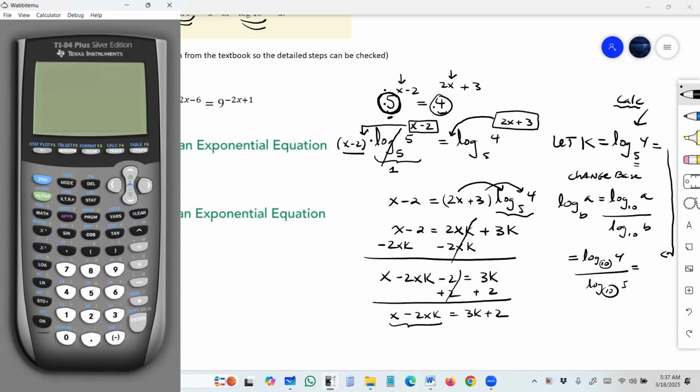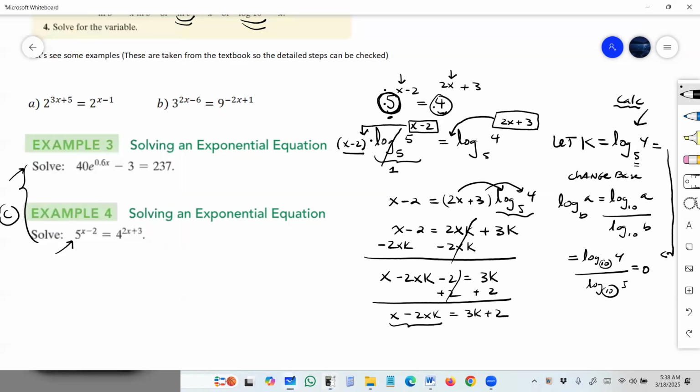All right, so log 4. Notice how the calculator doesn't put the base, because if it's base 10, we call it a common log. Log 5. All right, so log 4 over log 5, and the answer is approximately 0.86.